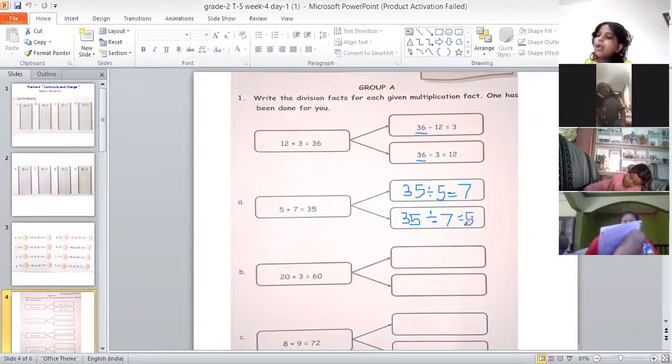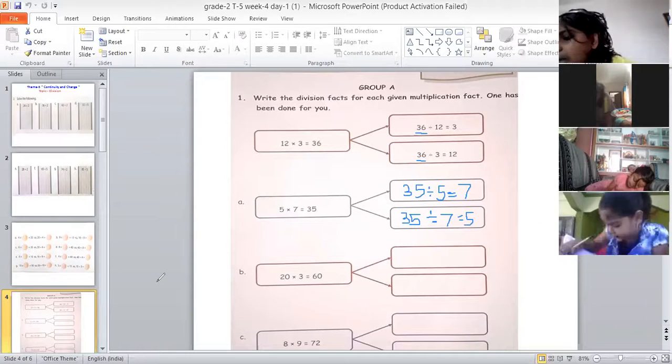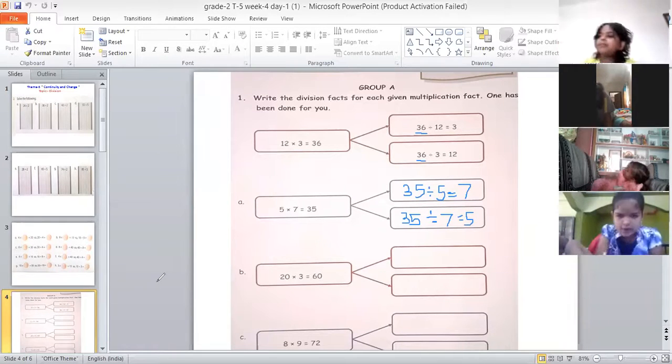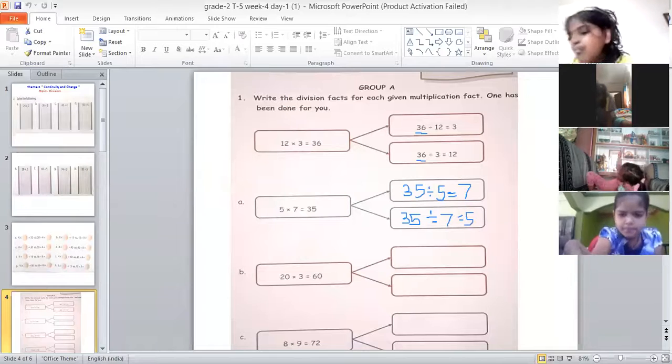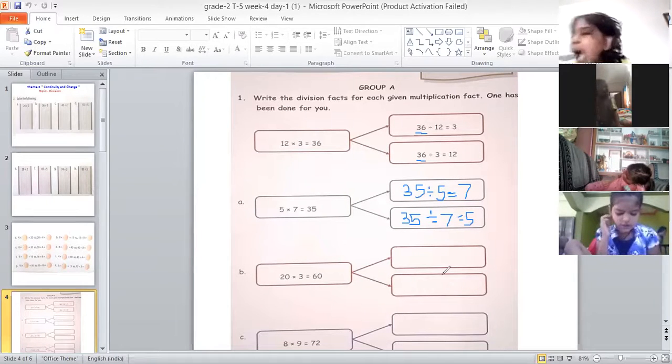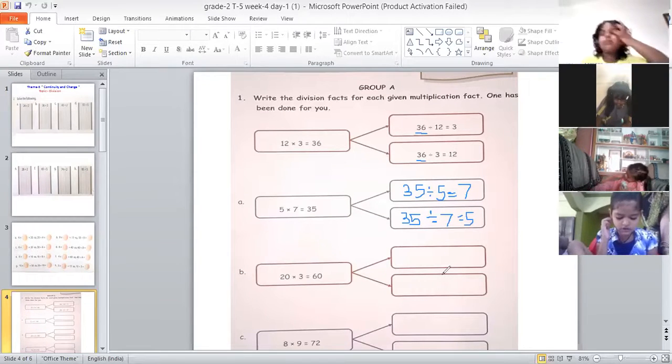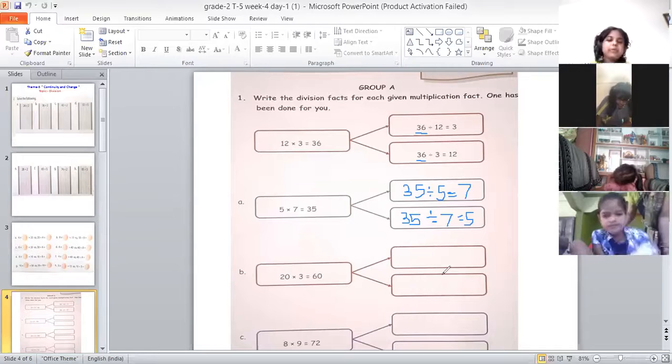Kartika, please read the next question and unmute yourself. Yes, Kartika. 20 multiplied by 3 is equal to 60. Very good. This is 20 multiplied by 3 is equal to 60.